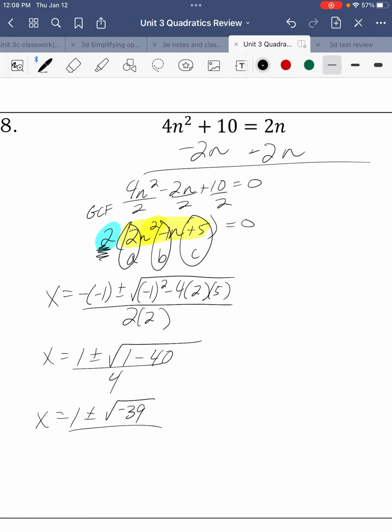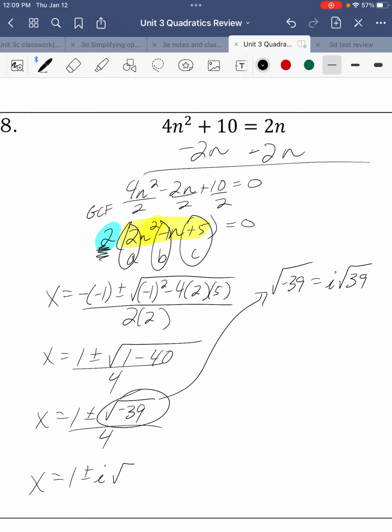X equals 1 plus or minus square root of -39 over 4. And I would look to simplify the square root of -39. And you cannot divide it by 4. 39 doesn't divide by 9, 16, 25 doesn't work. So in the end, it's just going to be i square root of 39.